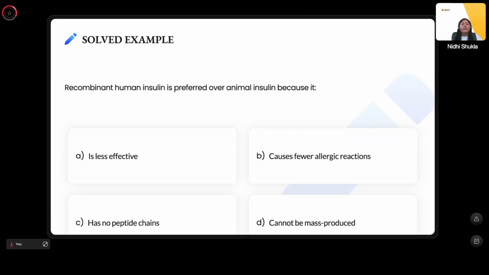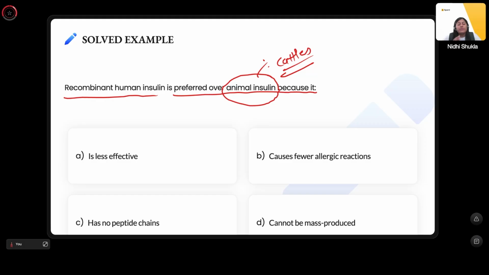Now, next question. Recombinant human insulin is preferred over animal insulin because, okay, animal insulin was actually obtained from cattle before the development of recombinant human insulin by Eli Lilly, and it was not preferred. Why? Was it less effective? No, it was effective.